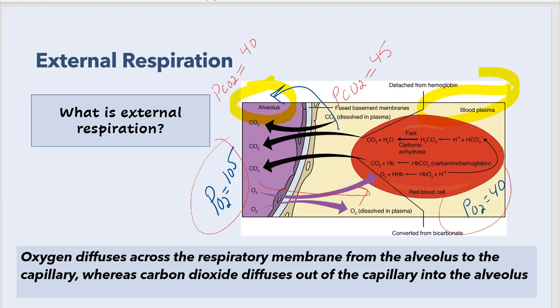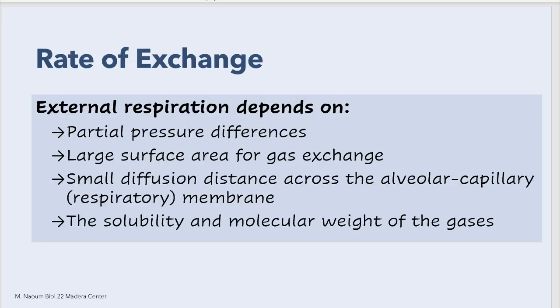So there's a big gap there of 65 at least. And the bigger the gap, the faster the rate of diffusion. Oxygen will diffuse pretty fast because of this huge difference in pressure. If you have a higher pressure difference, then the rate is going to increase as well.